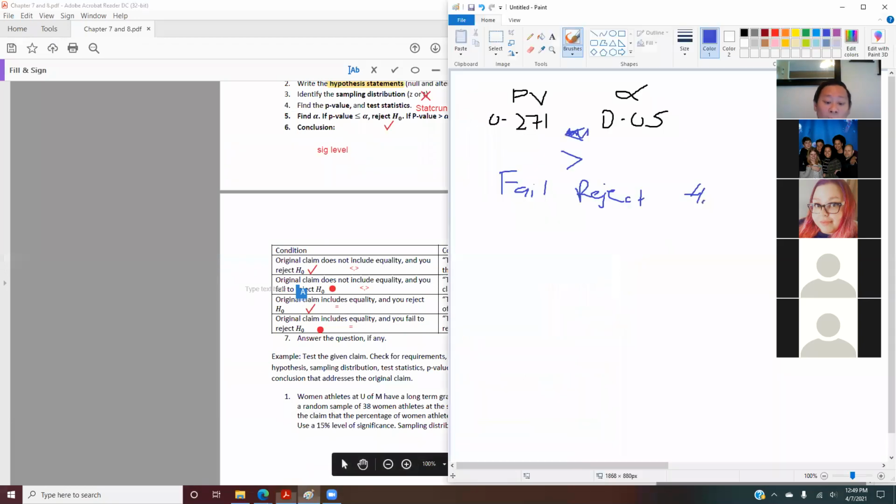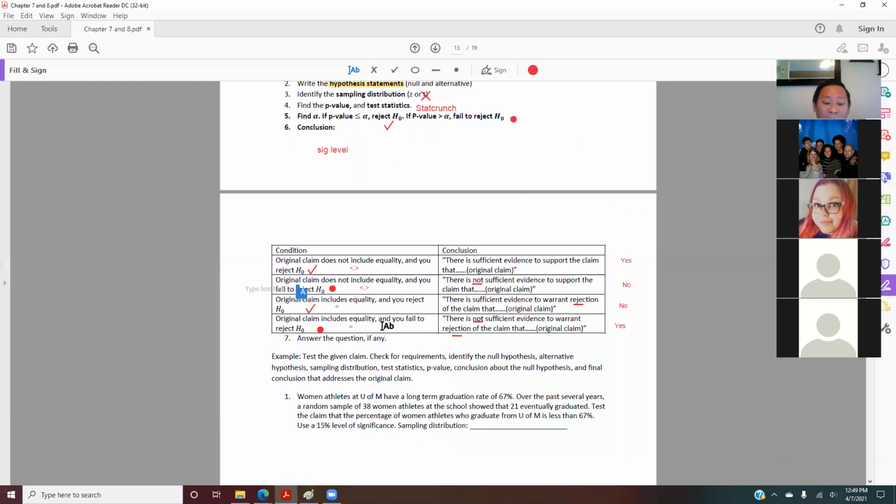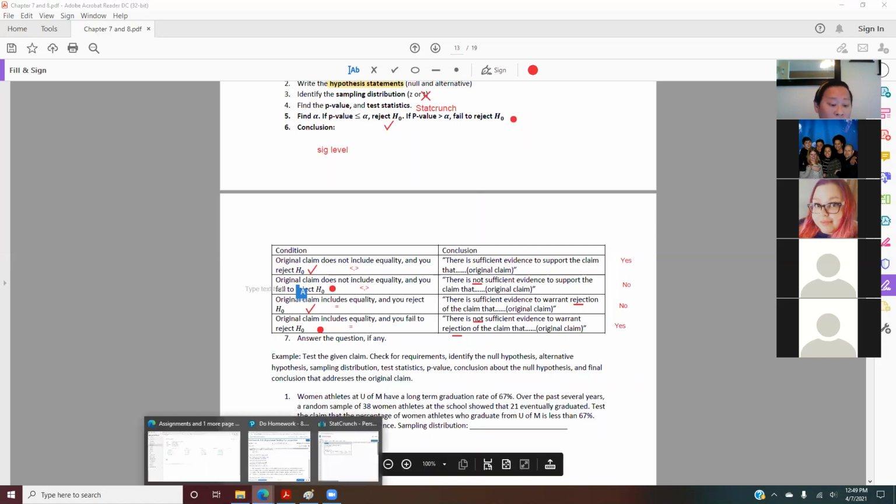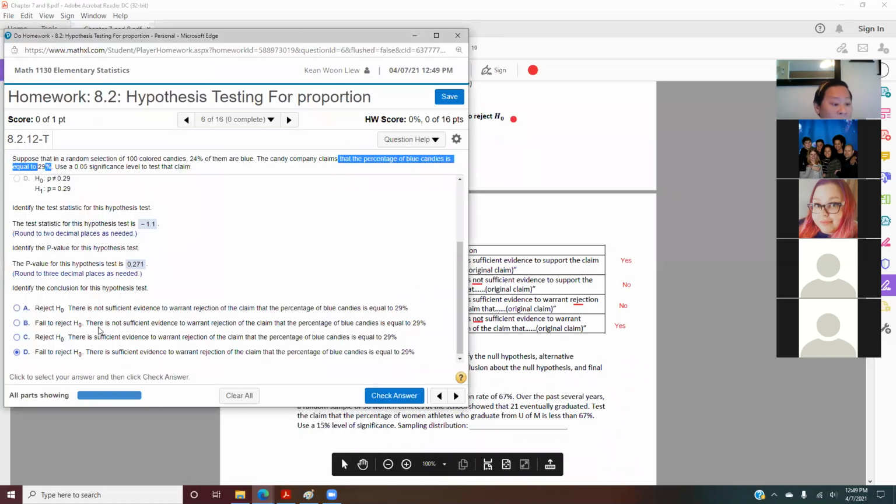And based on your decision, you fail to reject, right? So we actually have to take the last decision here, because your claim does have equality, which is the equal sign, and you fail to reject H0. So this is your conclusion, and it says there is not sufficient evidence to warrant rejection.